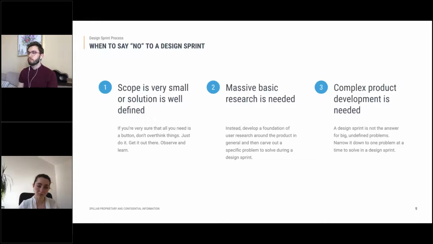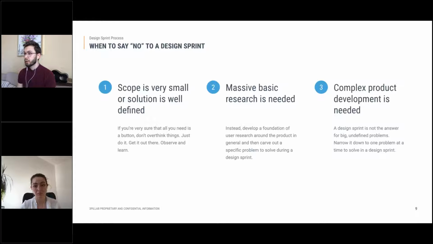Now, we have to mention, I think this is really important, we have to understand that as any tool, as any framework, a design sprint is not a silver bullet that would fix everything. So just as important to see when you can do a design sprint would be to understand when not to do a design sprint.